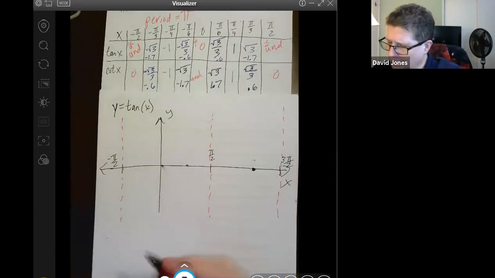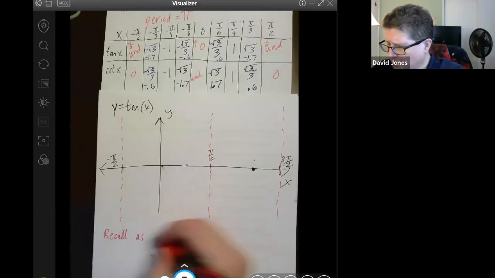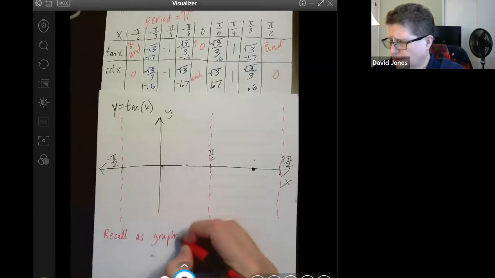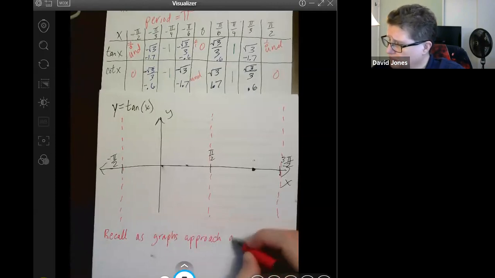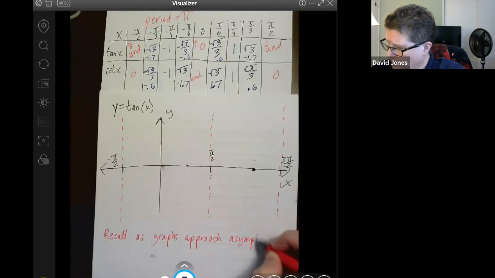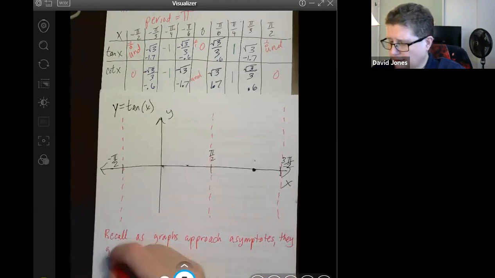And for a quick recall, as graphs approach asymptotes, they get really close to it but never cross.